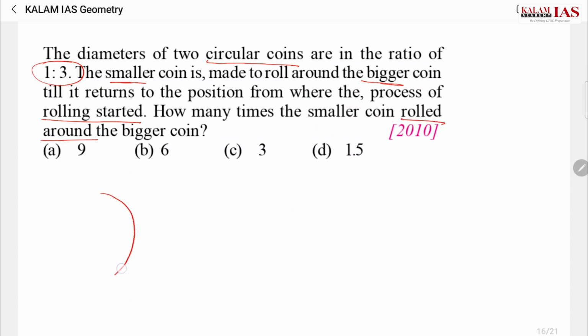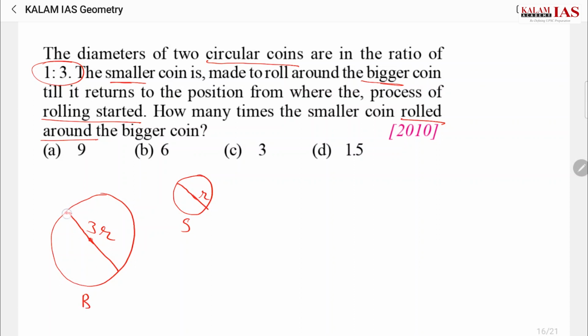Now suppose this is the bigger coin and this is the smaller coin. If the diameter of the smaller coin is r, for the bigger one it would be 3r. Now it is said this smaller coin is made to roll around the bigger coin.